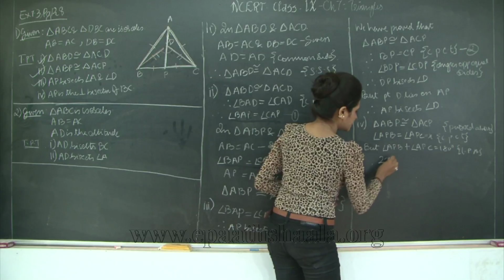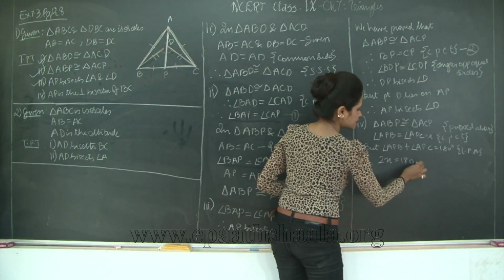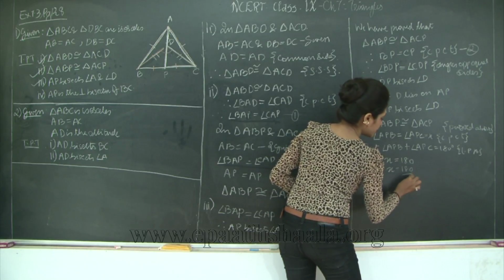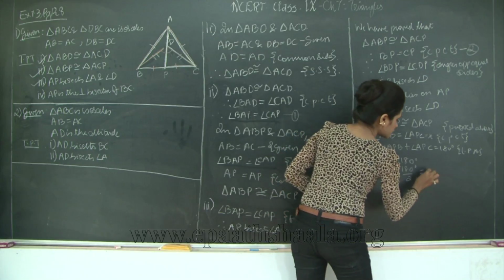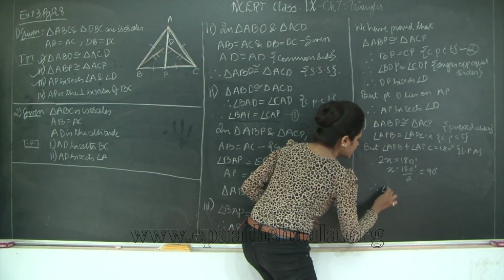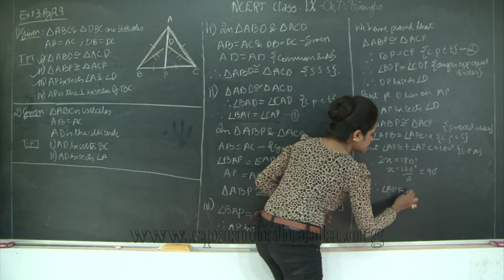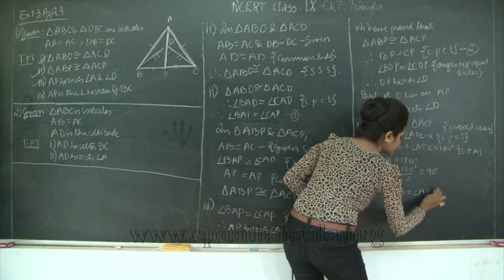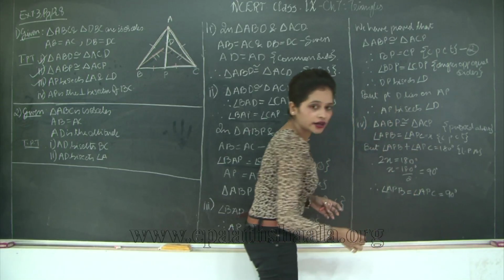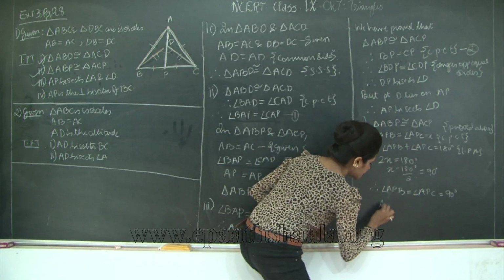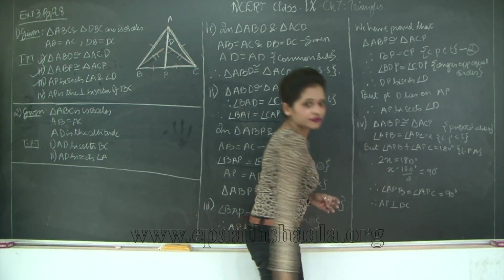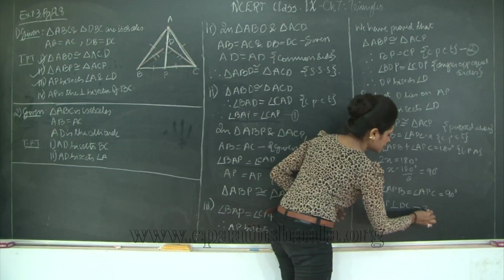Therefore, 2x is equal to 180 degrees, which means x is equal to 180 degrees divided by 2, which is equal to 90 degrees. Therefore, what do I have? Therefore, angle APB is equal to angle APC, which is equal to 90 degrees, which means what? That AP is perpendicular to BC, correct? I will mark this statement as 3.